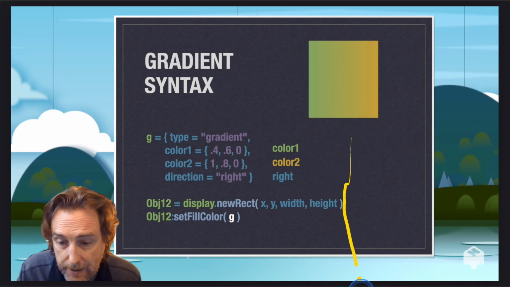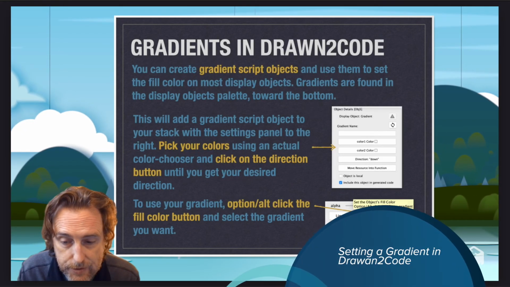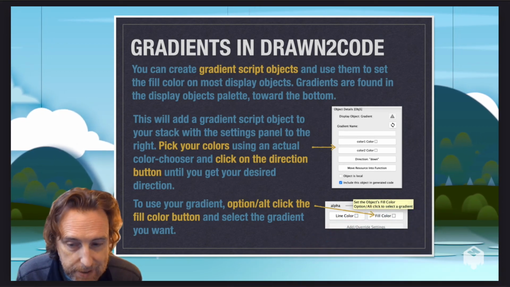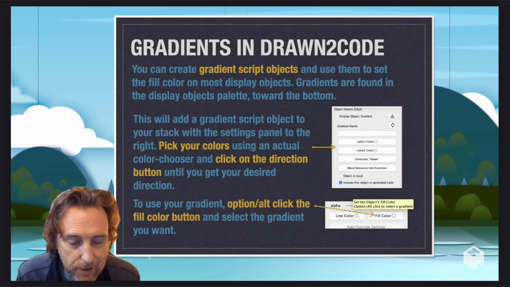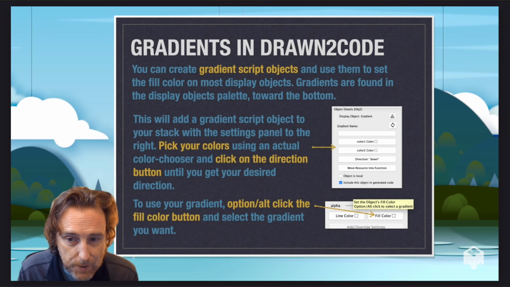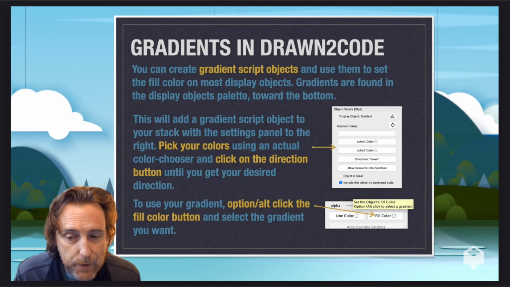You might be wondering, looking at that, how on earth is Draw to Code going to do that? So there is no set gradient button, since it's actually just a variation of a fill color. Instead of adding another button to the UI, I've put it in with set fill color.